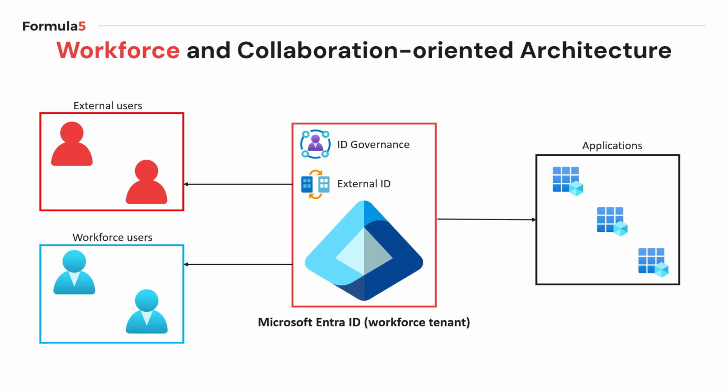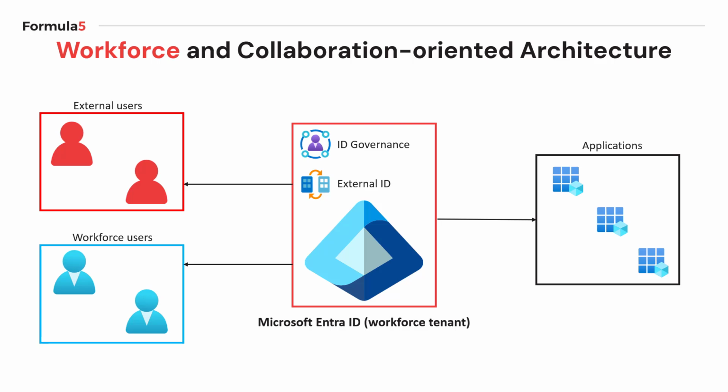And also moving forward, we can also control the life cycle for those external users with ID governance. So for instance, if they don't need the access anymore to those applications, they can be, for instance, removed automatically from Microsoft Entra ID workforce tenant.